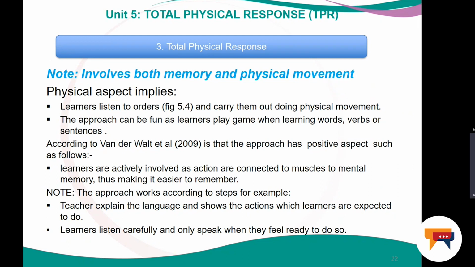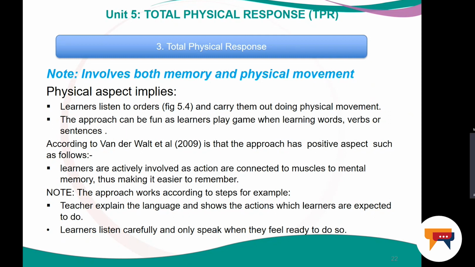There is another one, total physical response. Where do you use it? In grade 4, grade 5, grade 3? The physical aspect involves both memory and physical movement. Learners listen to orders and carry them out physically. The approach can be fun as learners play games when learning the verbs, words and sentences.